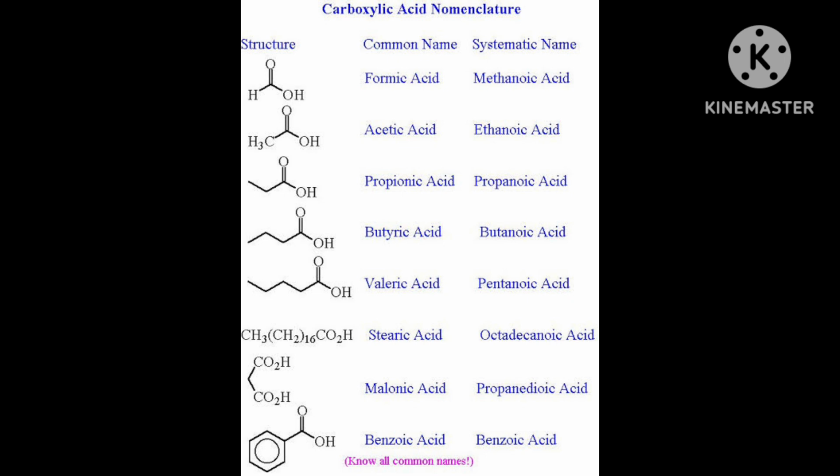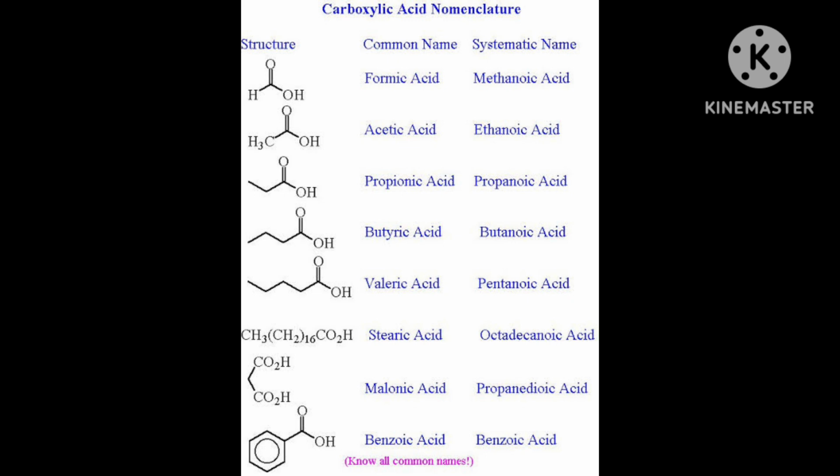Structure. I have already discussed this many times, but it is the right place to discuss it, so I am telling you in detail. Structure of the carboxyl group: it is C double bond O and OH. The C has a double bond to O, and with that C, OH is attached.